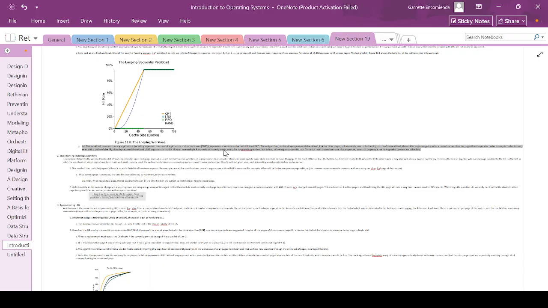The algorithms under a looping sequential workload kick out older pages.